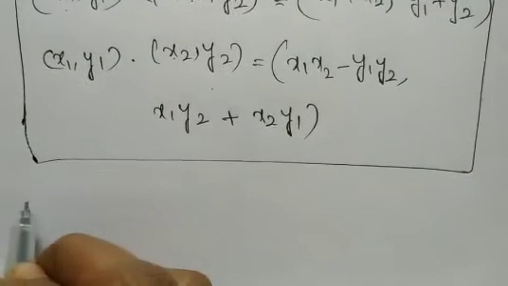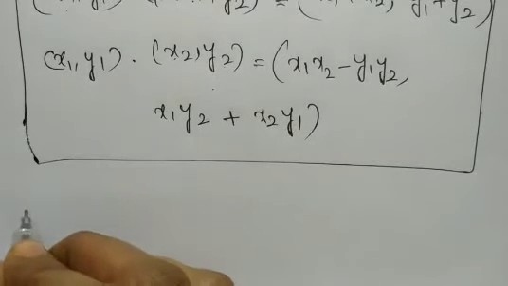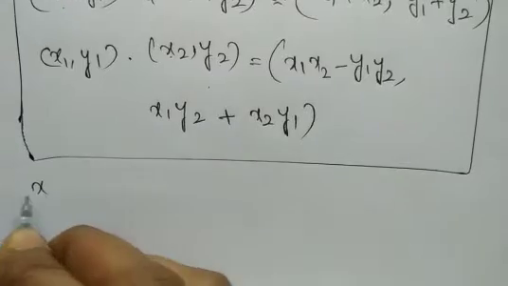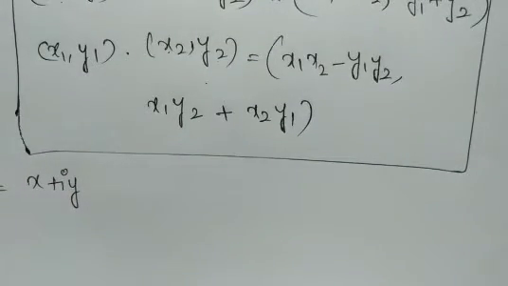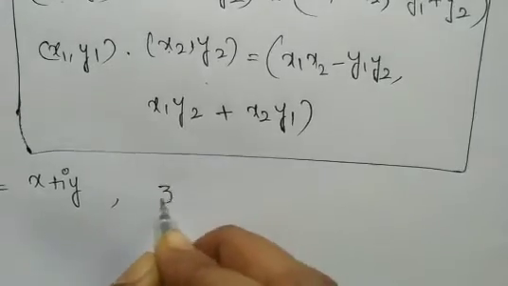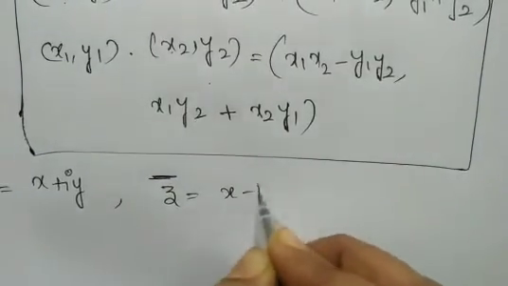Here I am taking one note, that is z equal to x plus iy. z is a complex number, then the conjugate of z is denoted by z bar equal to x minus iy.